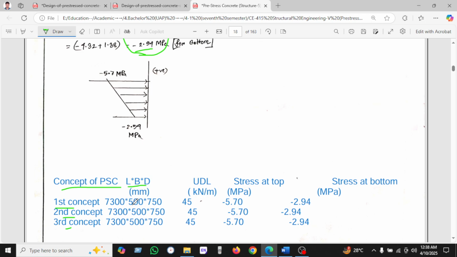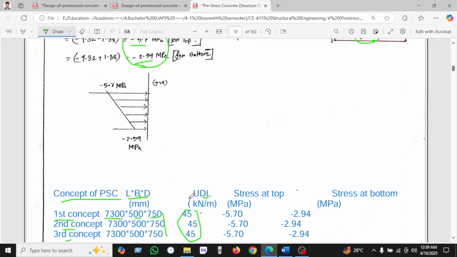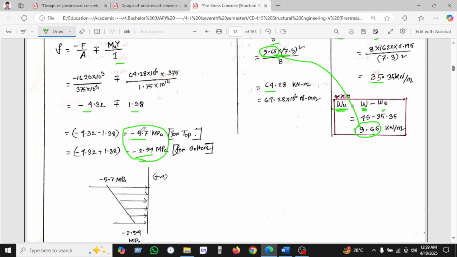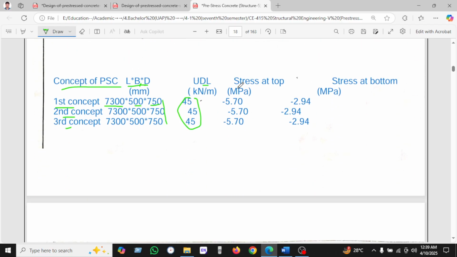And for L, B, D: L is 7.3, so it will be 7,300 millimeter, and B was 50 and D was 70. For the third concept, all the dimensions are the same, and the UTL is 45 kN. And the stress at the top: for the first concept 7.3, for the second concept 5.7, and for the third concept 5.7.